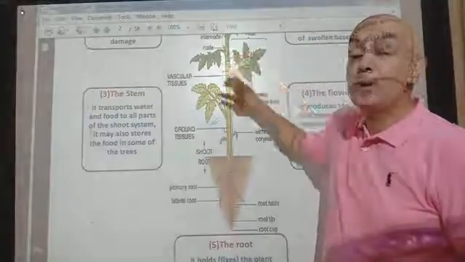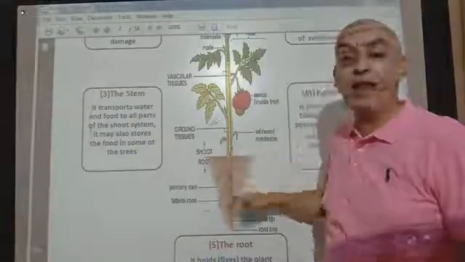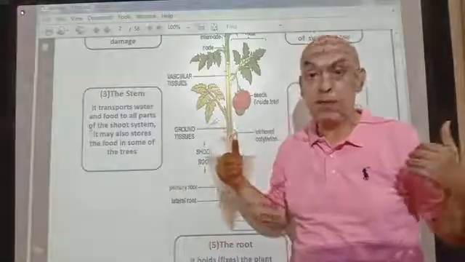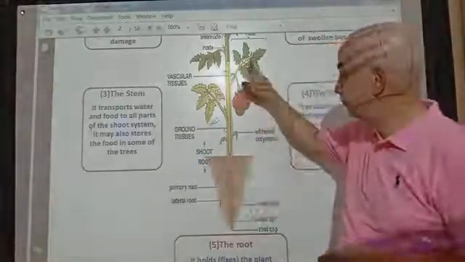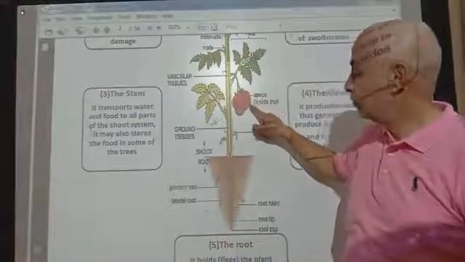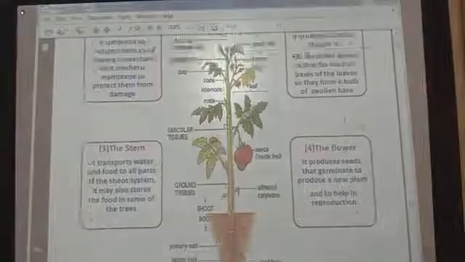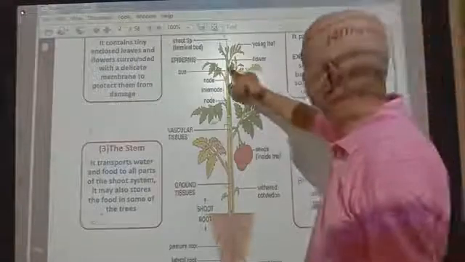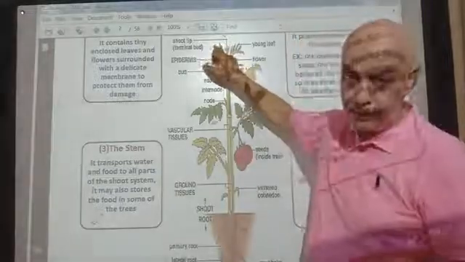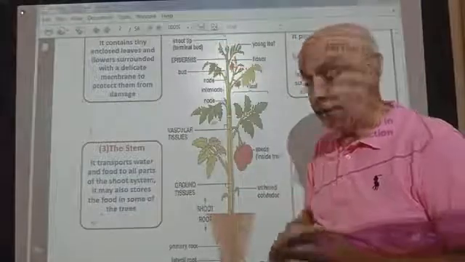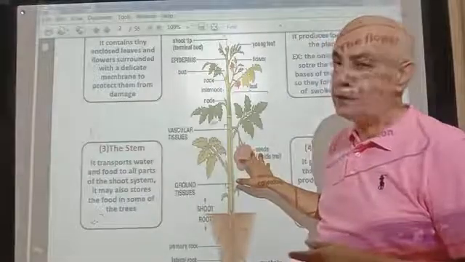The shoot system consists of mainly the stem, and the stem carries on its body many organs, such as leaves, fruit, flowers, buds, and terminal bud.